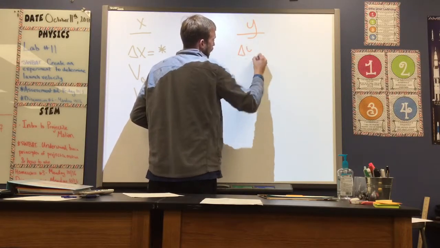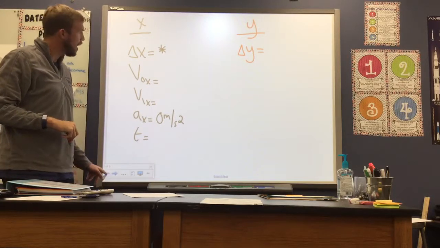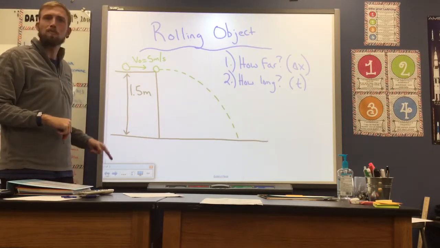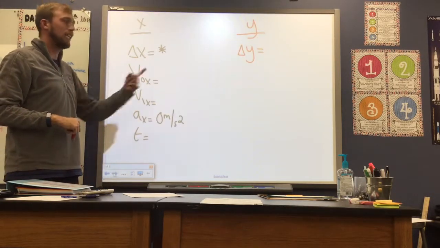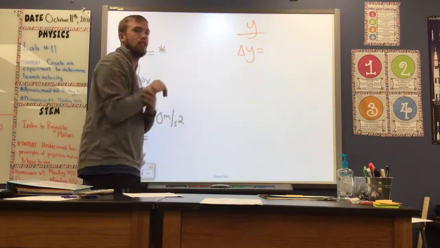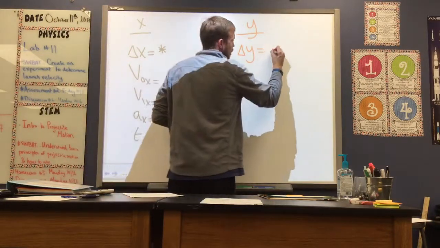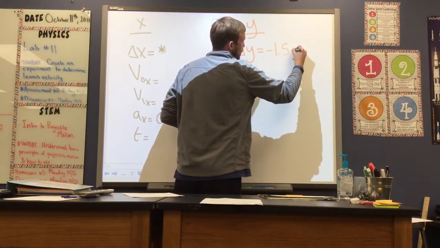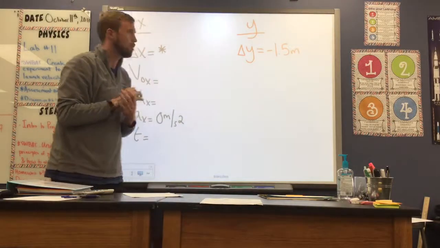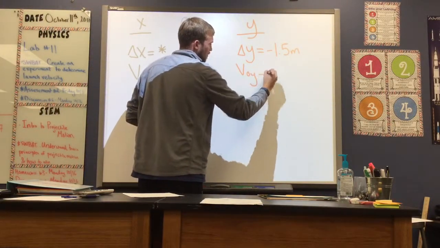Now my delta y, how far my object travels vertically. Well, that's really the height of my desk, 1.5 meters. But don't forget, we wanted to find its displacement, the final minus the initial, or we can also look at where the object travels. It's going downward, so it should be negative 1.5 meters. Now my V0 in the y, my initial velocity, I don't really know.